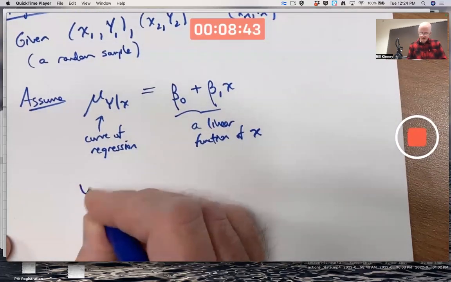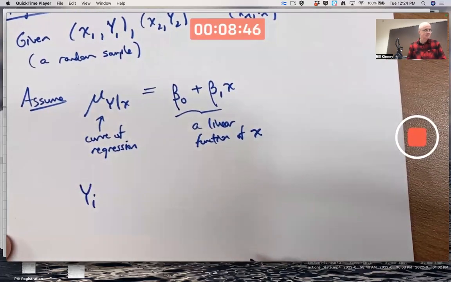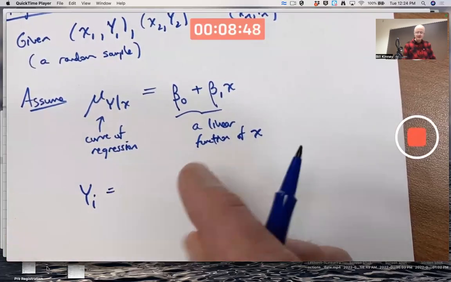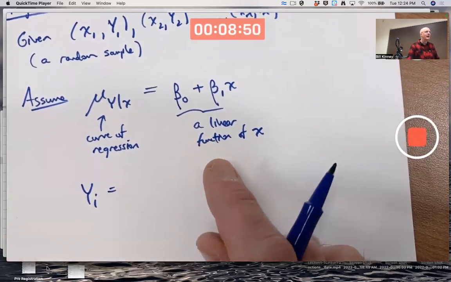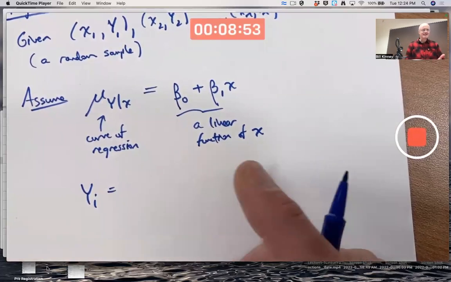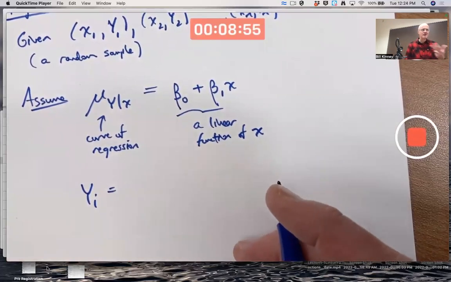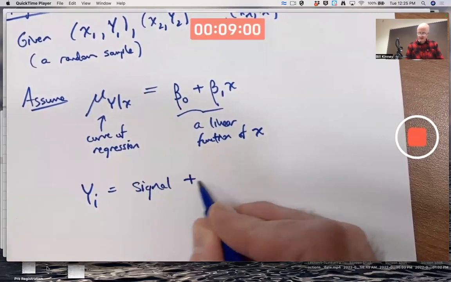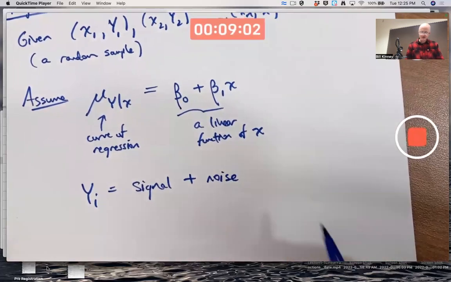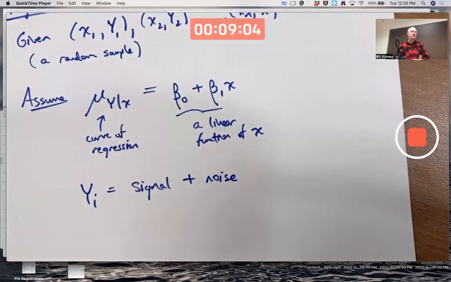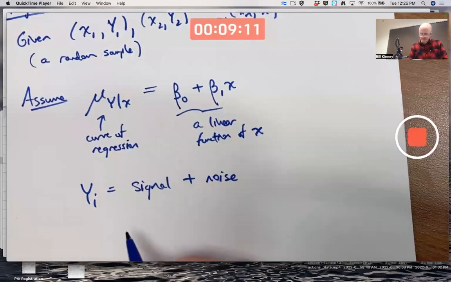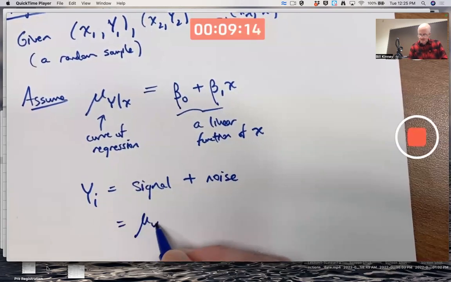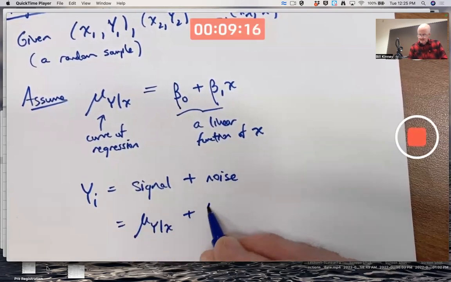We also assume each of the capital Y's can be found with what you might call a signal formula and a noise formula. I'll just write signal plus noise. The signal refers to the linear pattern. The noise refers to random error, you might say. The signal is the mean, effectively. The noise is a random error.